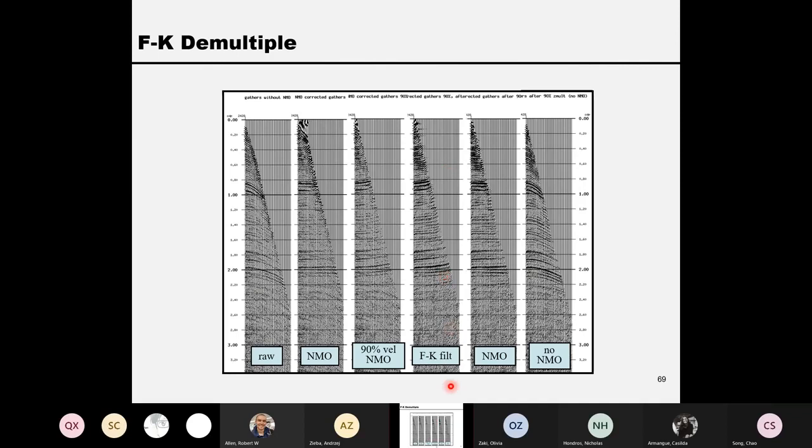Based on this display, you can see they actually use AGC. AGC means automatic gain control. I need to emphasize this point here: AGC, most likely you apply only to the data for the display. The data you store in your storage, you do not apply AGC there. You just keep the original data there, so it is only for display purposes.